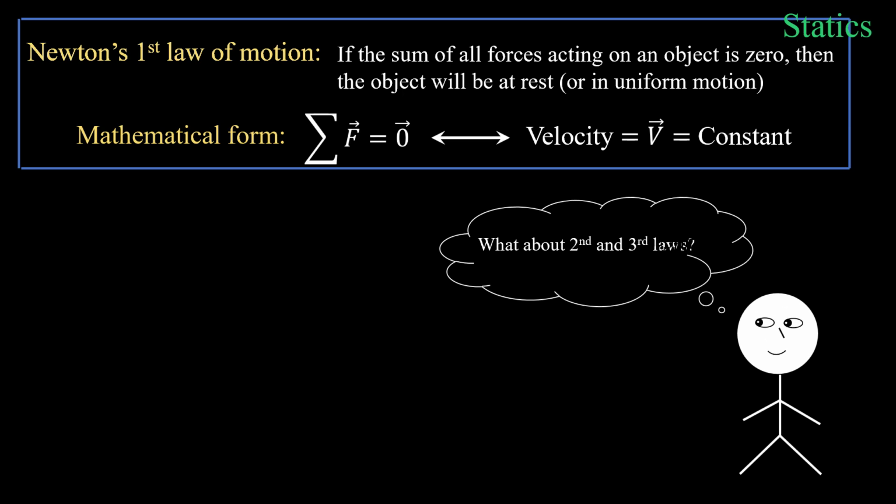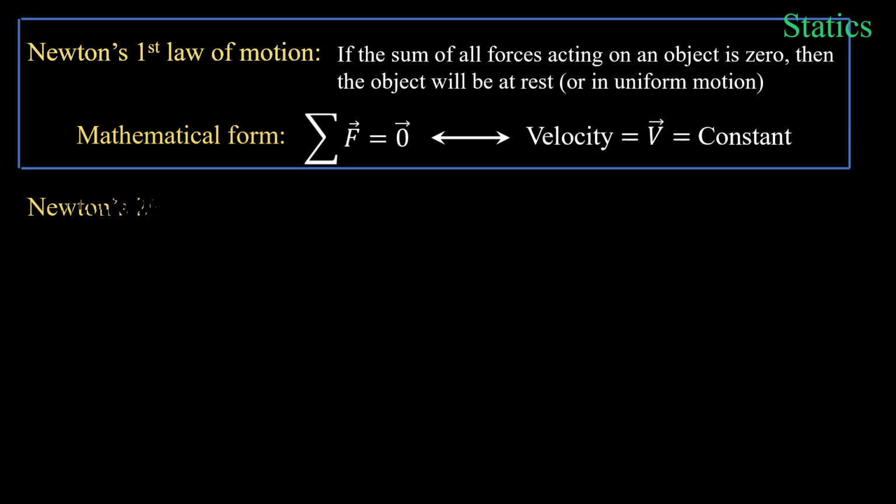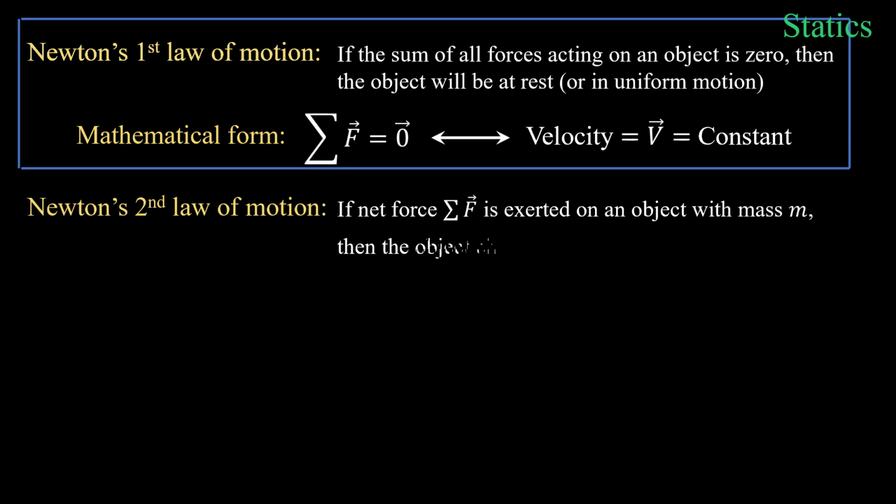Well, what about the second and third law of motion? I think here is a good place to review those laws quickly. Well, the second law says that if the net force, sum of F, is exerted on an object with mass m, then the object changes its velocity with the rate of sum of F over m.